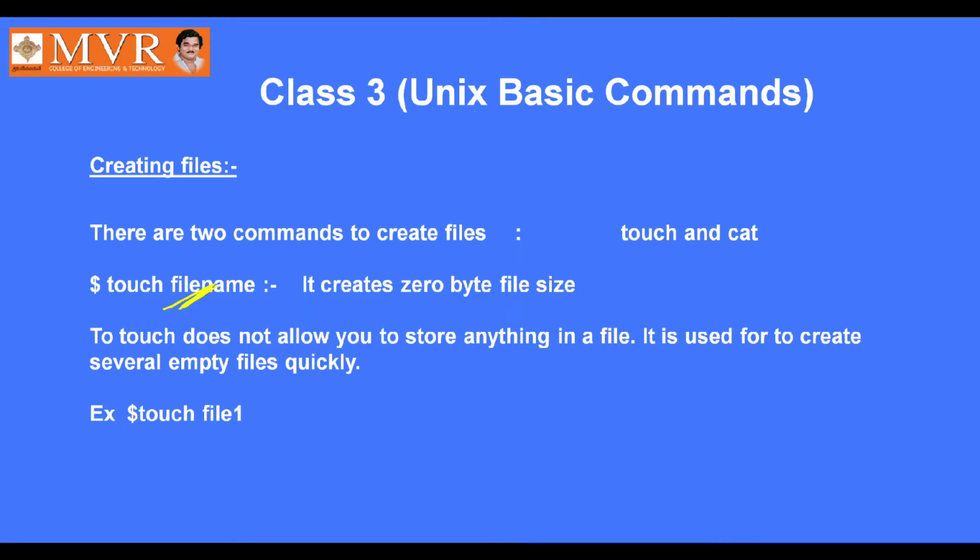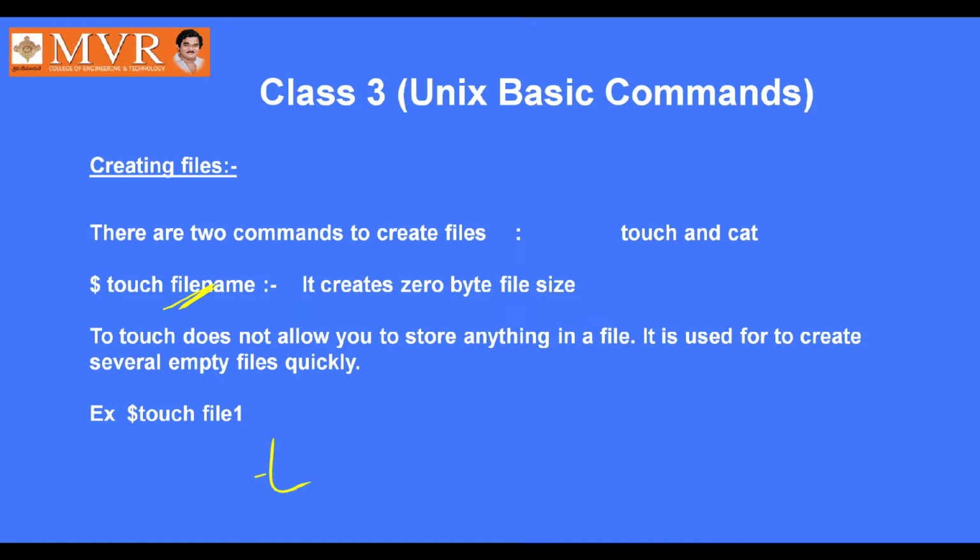So what is the use of touch command? By creating a file without any information, there is no use. But when there is a requirement to create a number of files quickly, so that we can store information later, we can use touch command.